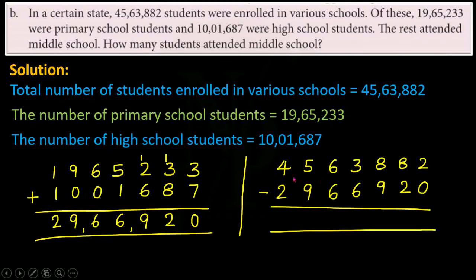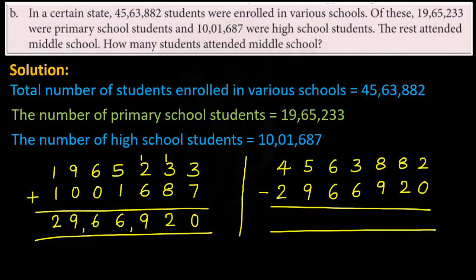So here I have written the total number of students in various schools and the total number of students studying in primary school and high school. That is the sum we have found now, written in the second row here. Now if we subtract this, you will get the total number of students studying in middle school.